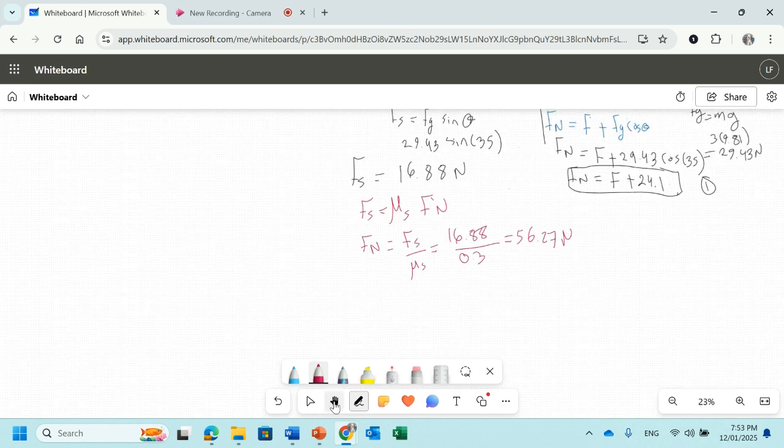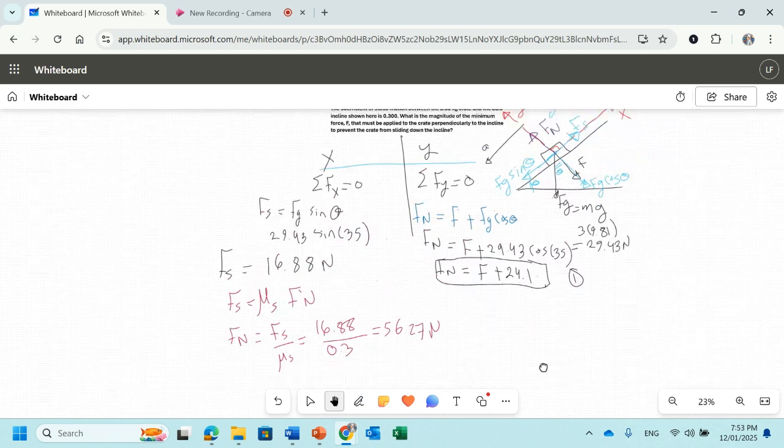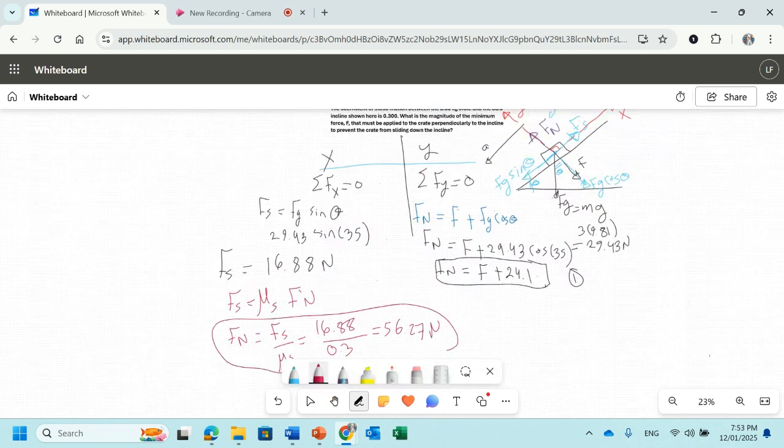Okay, so let's look here. I found Fs and Fn, and I need to calculate F, so I can substitute the value of the normal force into equation 1 to find the applied force, which is the force that prevents this box from sliding down.